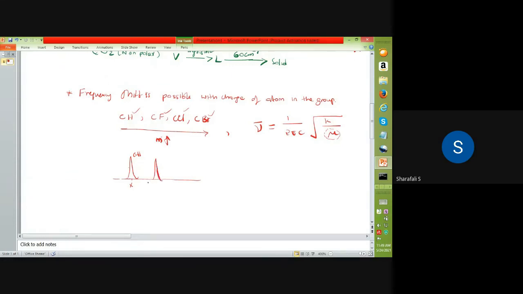I'm not talking about the intensity variation, I'm just talking about the frequency. So this will be X minus some delta X.